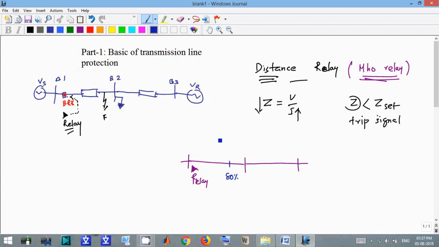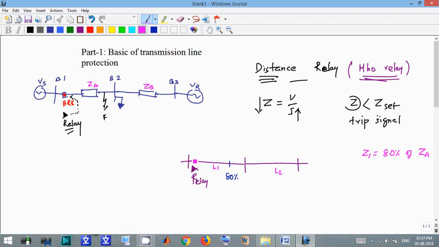If we write, this is line 1 and this is line 2, our zone 1 protection, if this is ZA and this is ZB, this will be 80% of ZA.